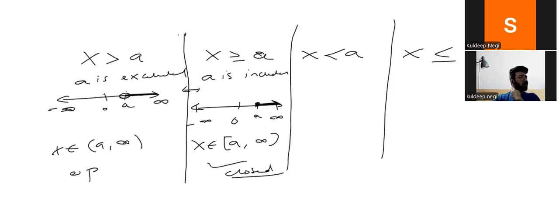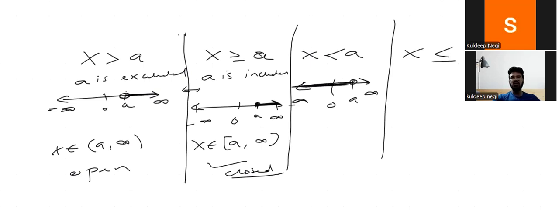The same kind of approach applies to the remaining two inequalities. This is your zero, this is your a, this is your infinity, this is your minus infinity. If you want the values less than a constant, you have to go towards the left side of it, so all these values are allowed. And on the right side, you have x less than or equal to a.